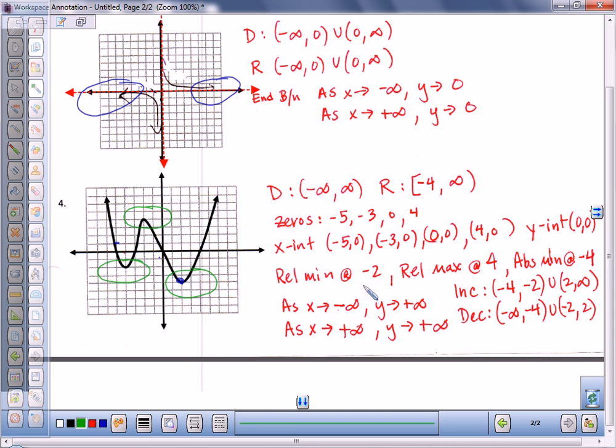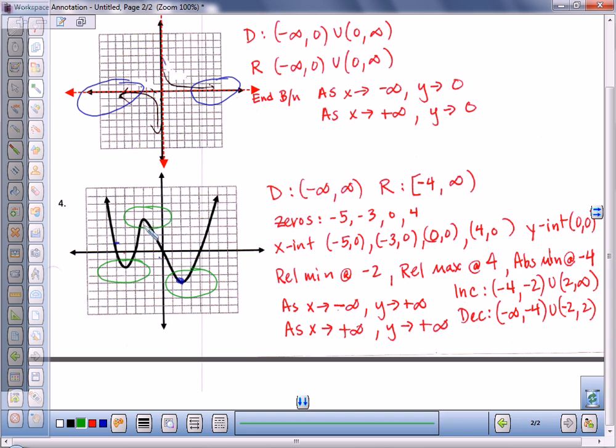Now let's look at this one. This is a mountaintop. This is a mountain. Is it the absolute highest point on the graph? What does that do? It is higher than the points around it, but because this goes up forever in either direction, it's not the highest point on the graph. There is no highest. It goes on forever.